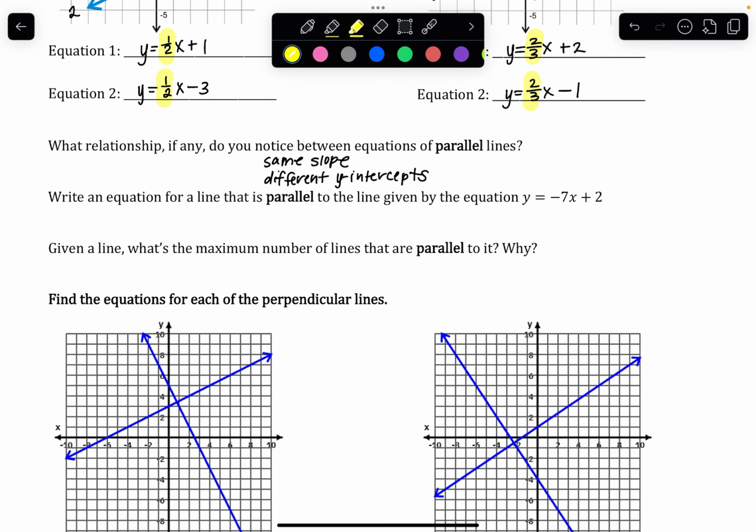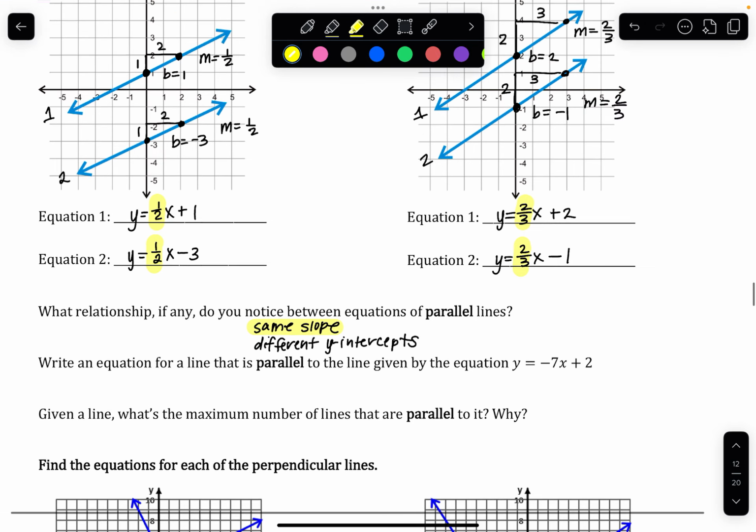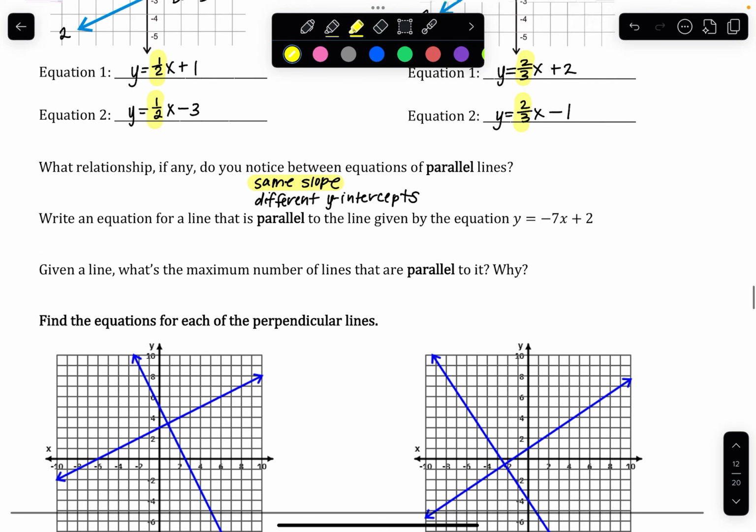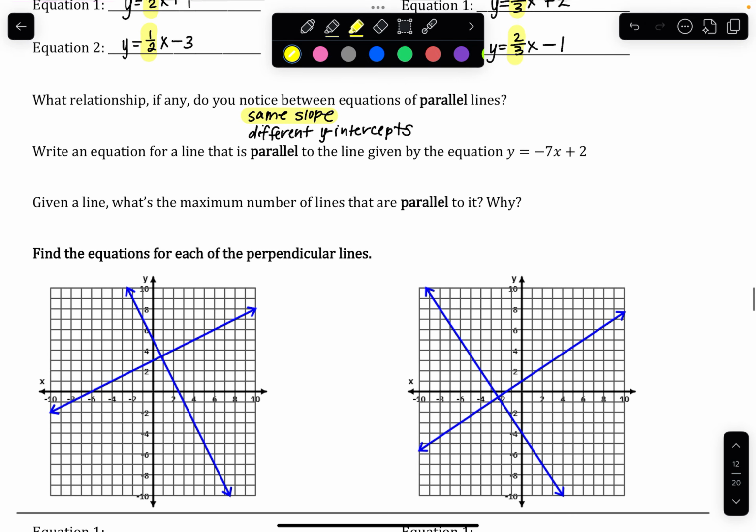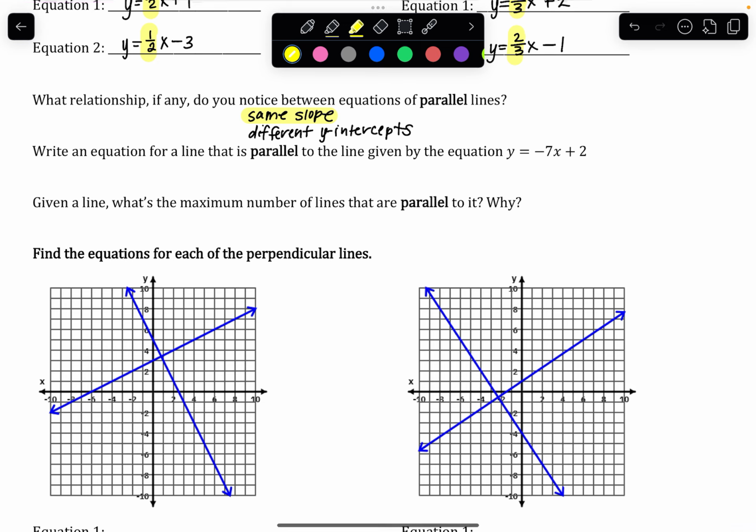The key is noticing they have the same slope, but also that they're not the same line. They're different lines. If it says write an equation for a line that is parallel to a line given by this equation, I can see the slope is -7. If I need a parallel line, I just need to make sure the slope is -7. My y-intercept could be 100 if I wanted it to.